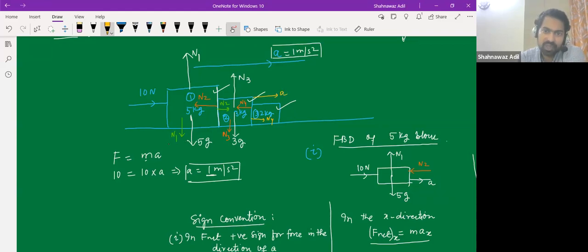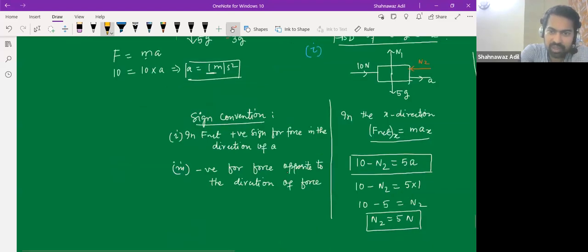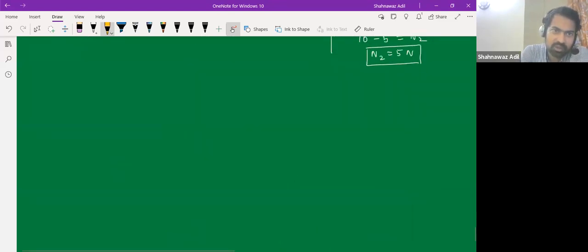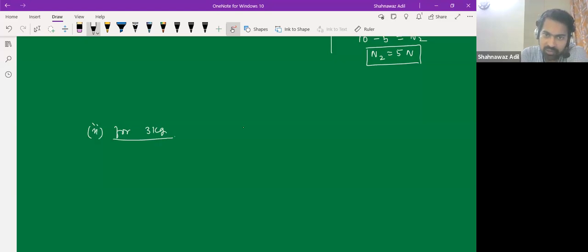Now let us write the free body diagram of the 3 kg block. We have this 3 kg block, and the first one is gravity, and then this is N3.